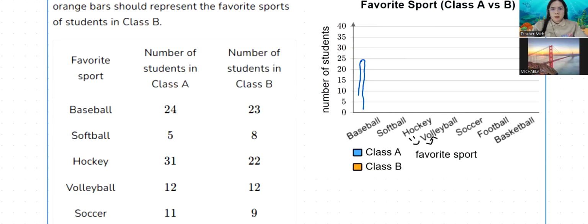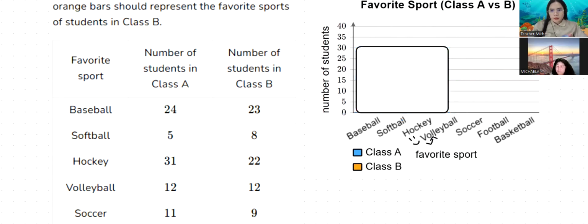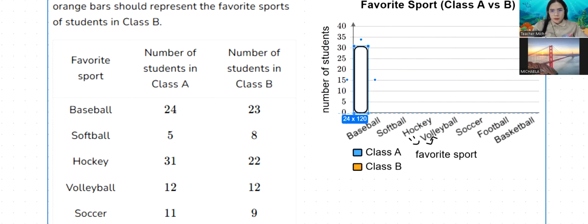Let me just use this kind of graph. I'm sorry. Let me just edit this one. This one is color blue.